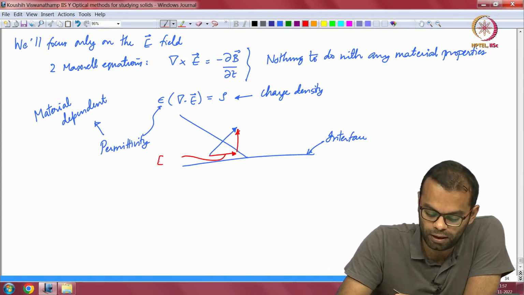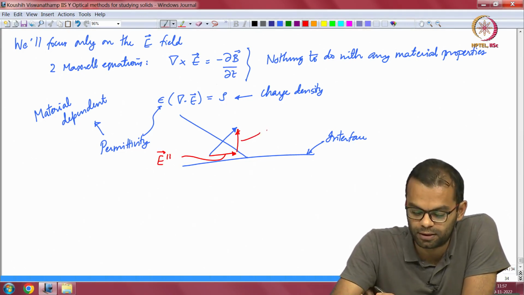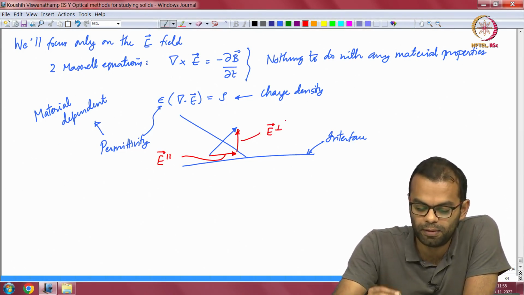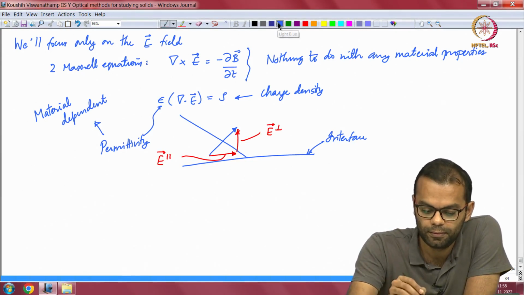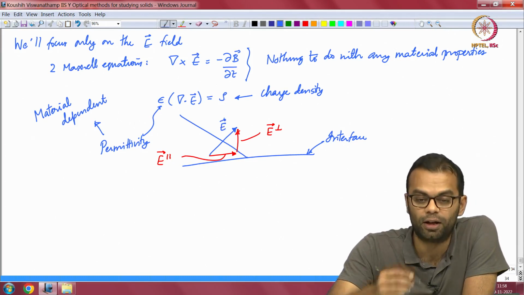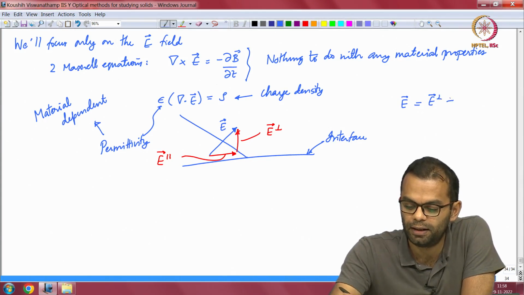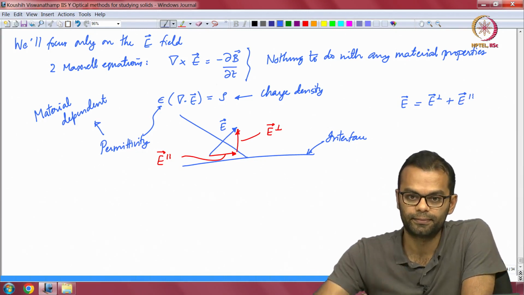So, this I am going to call E bar parallel, and you can resolve it perpendicular to the interface. This is called E bar perpendicular. Okay, so this is the original E bar that is coming along at every point in the light ray, and you can split this as E bar parallel and E bar perpendicular.